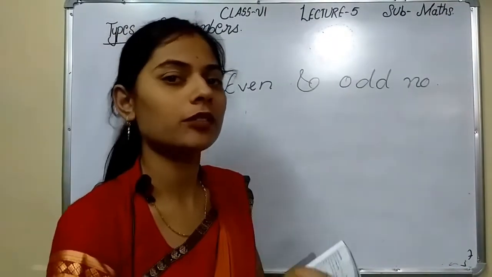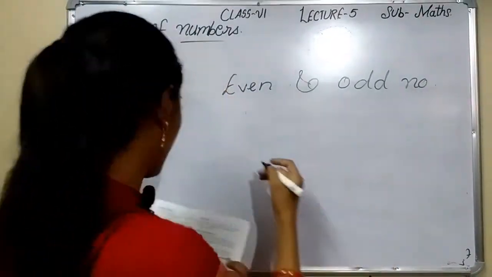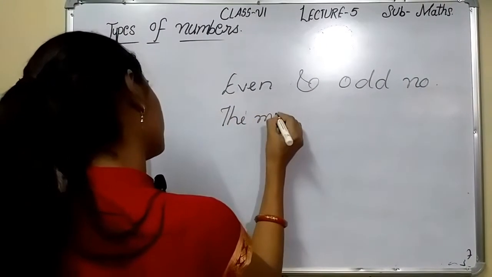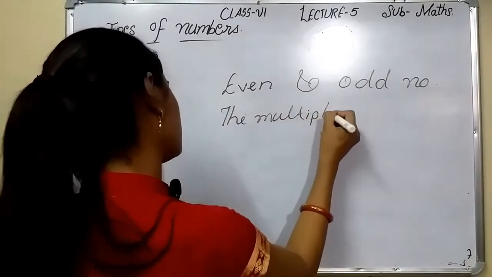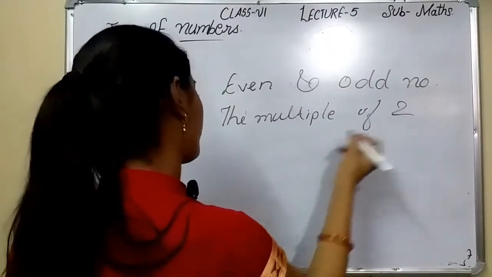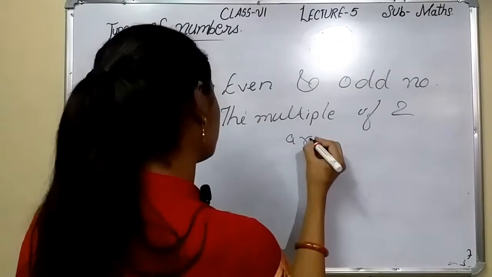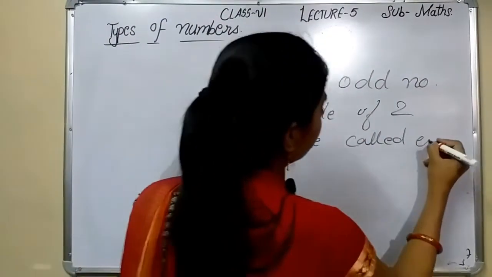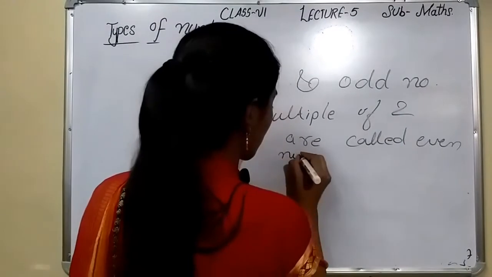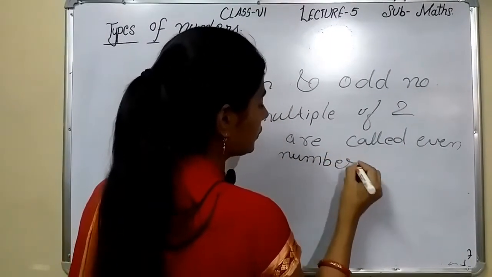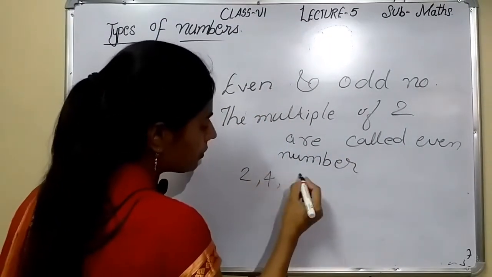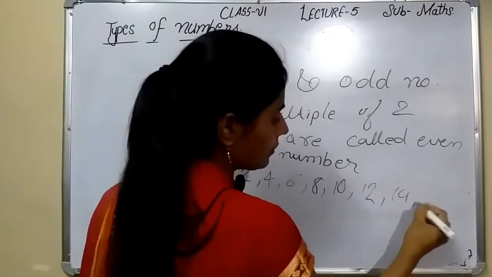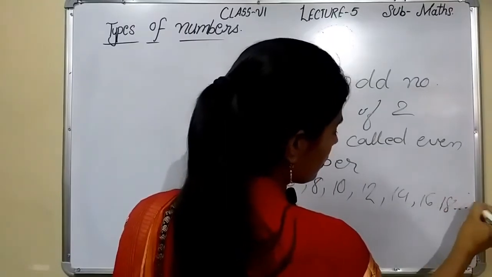The multiples of 2 are called even numbers. Means 2, 4, 6, 8, 10, 12, 14, 16, 18, this.